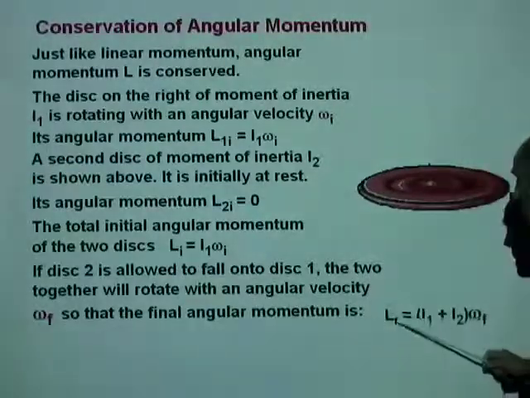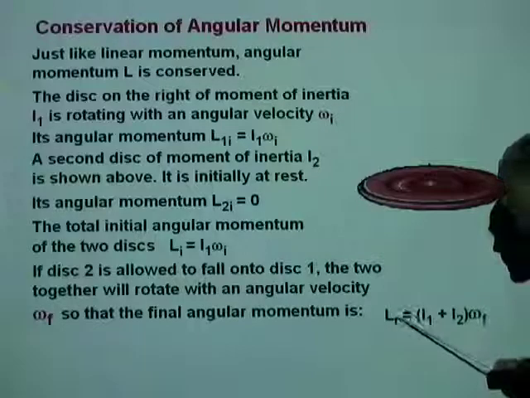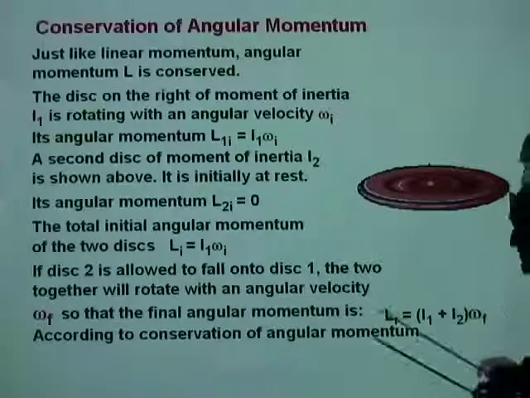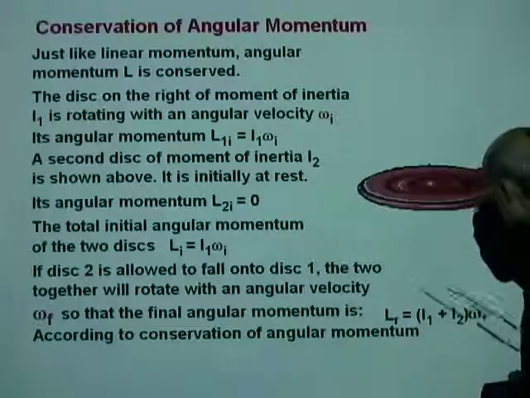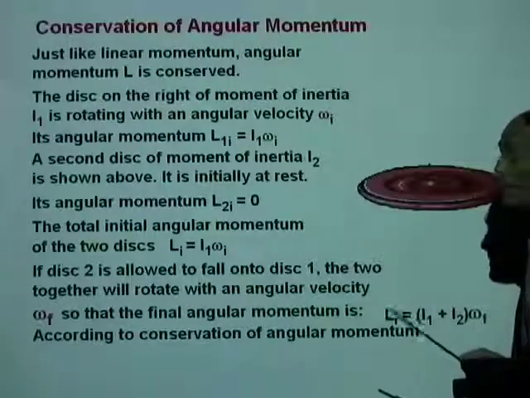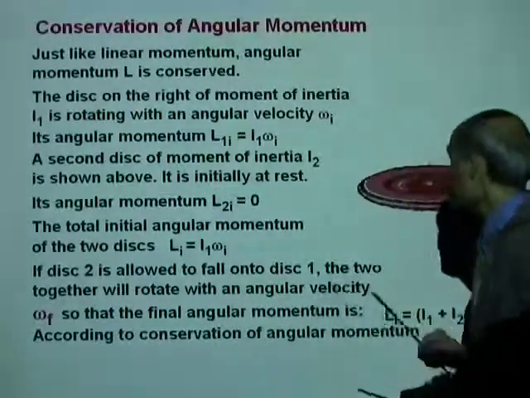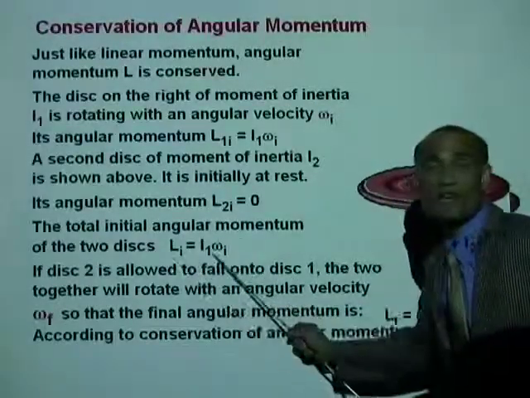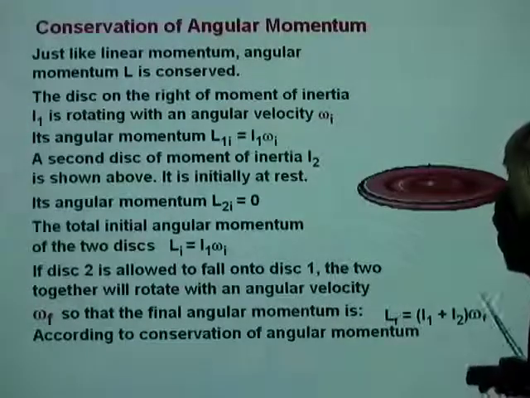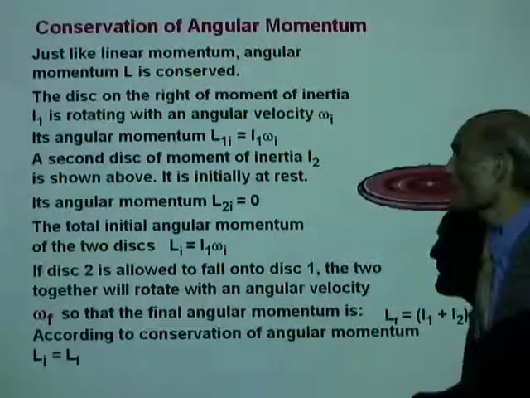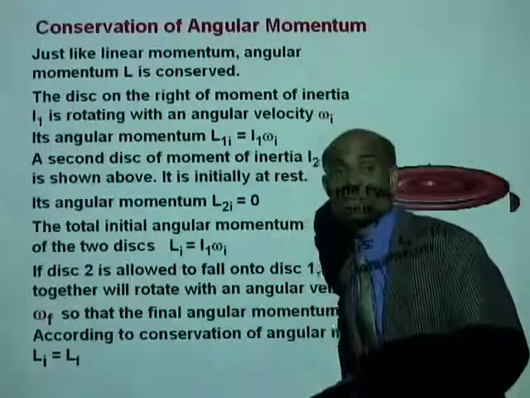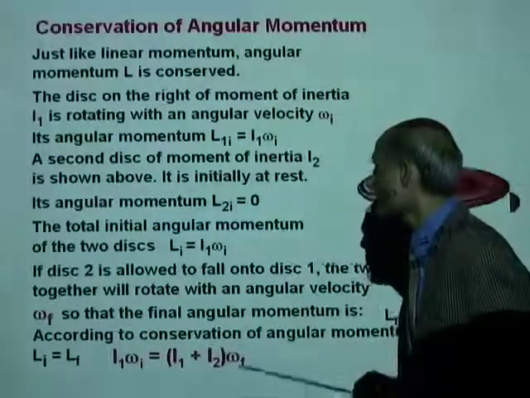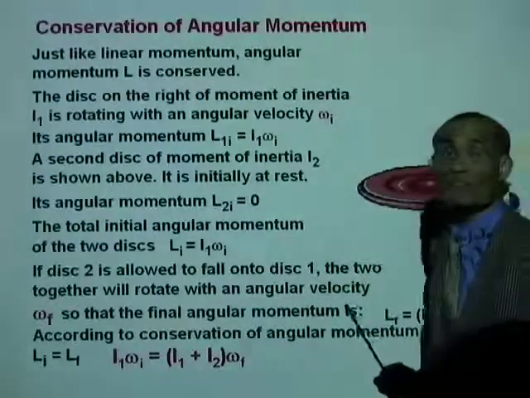So the final angular momentum is therefore I1 plus I2 omega f. Now, according to the conservation of angular momentum, the total initial angular momentum must be equal to the total final angular momentum. Is that right? That means I1 omega I must be equal to I1 plus I2 omega f.